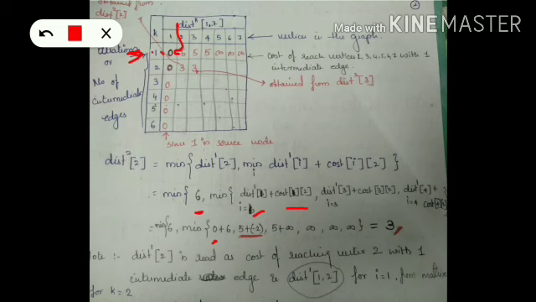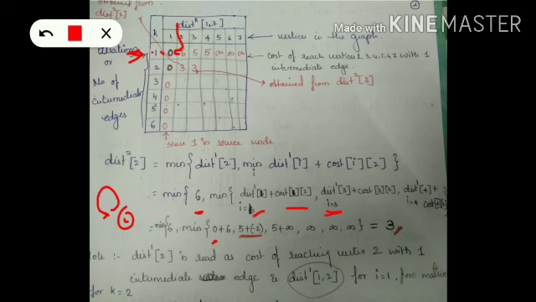So for the second time, now i's value will become equal to 3. I's value will not become equal to 2 because I don't have a cycle from 2 to 2. I'm trying to find the distance of reaching vertex 2 from vertex 1. In the meantime, I will not try to find a shortest path which has a cycle in it. So therefore, I eliminate i equal to 2. So now i is equal to 3.